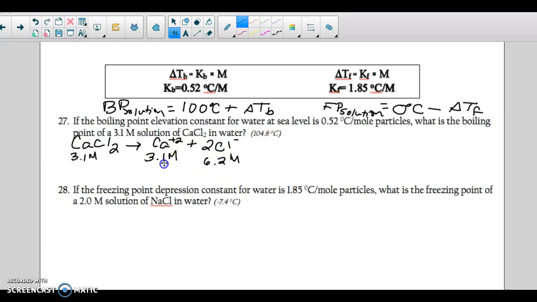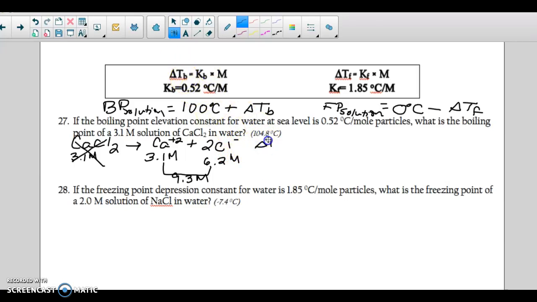So the total molarity of the ions is going to be 9.3 moles of ions per liter. This is gone. It breaks up into this. So now we can plug in and calculate the delta TB for boiling first.